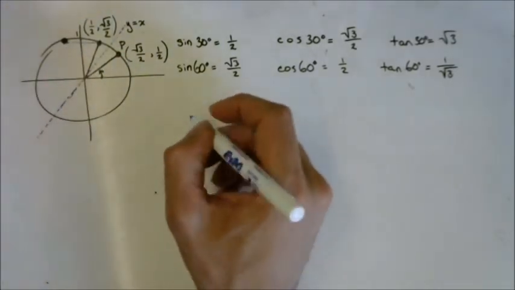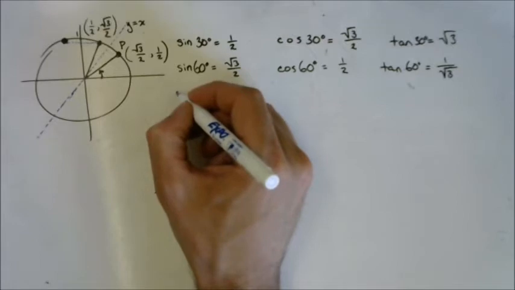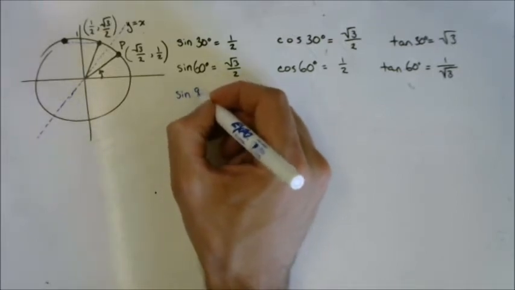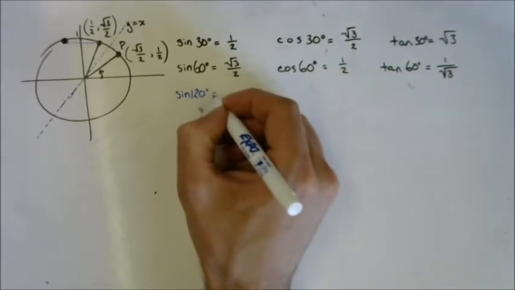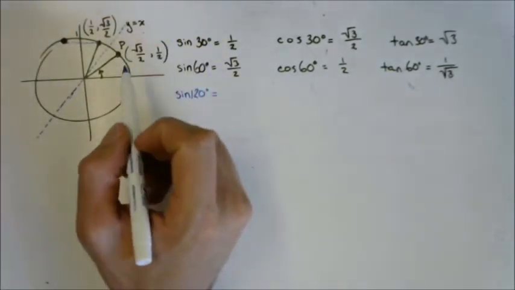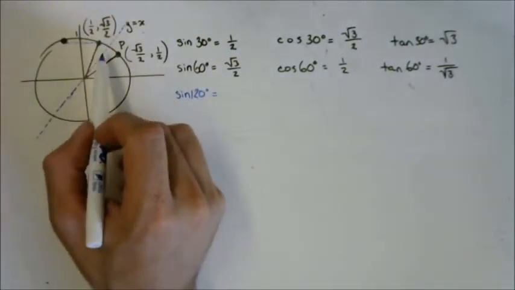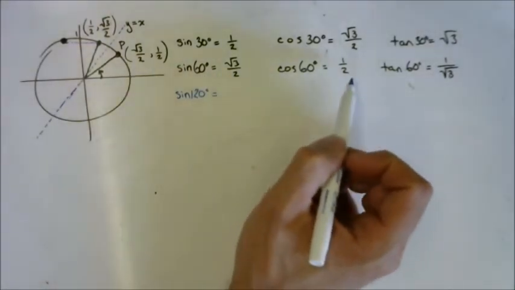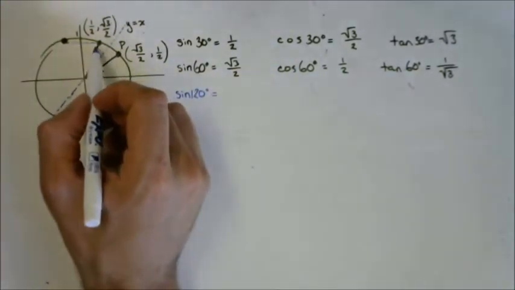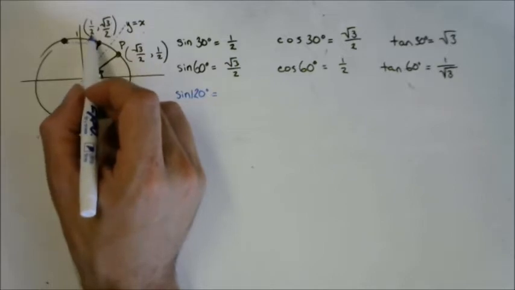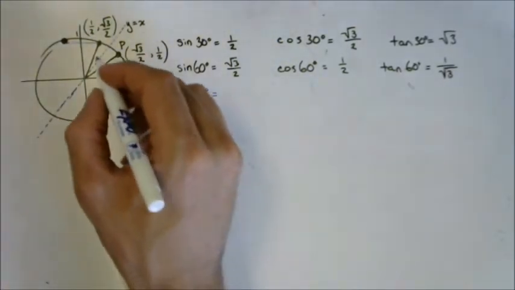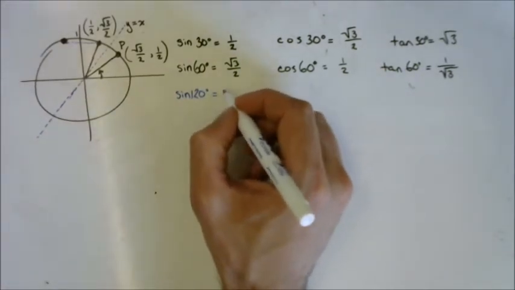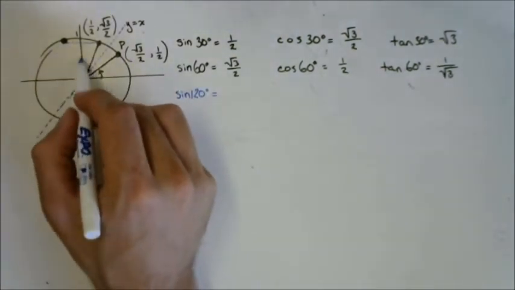Instead of positive 1/2. So as we go down this list, we can take the sine of 120 degrees, and it's going to have the same numerical values as the sine and cosine of 60 degrees, but the x-coordinate here, the cosine, is going to be negative 1/2 instead. Here we go. The sine of 120 is the exact same as the sine of 60.